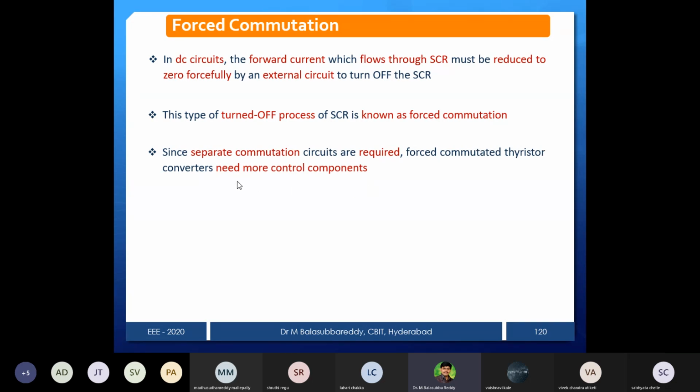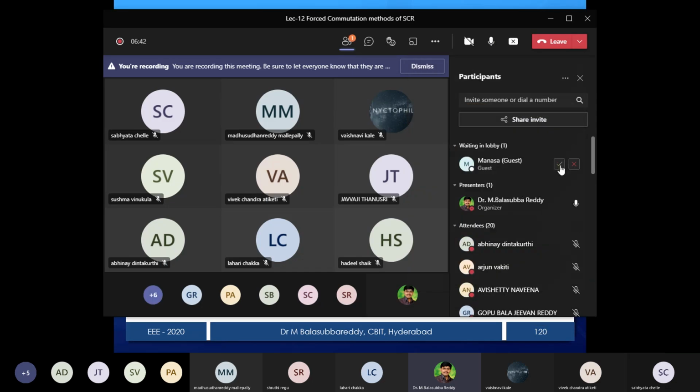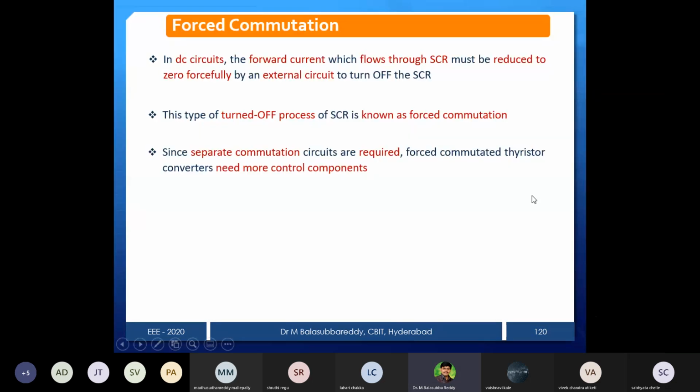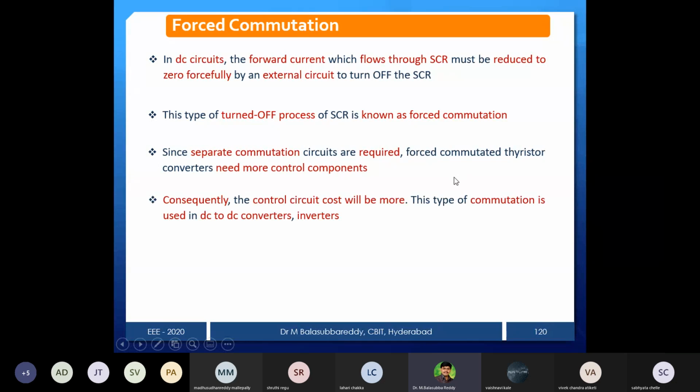Forced commutation thyristors need more control components, namely the commutating elements L and C. Consequently, control circuit cost will be more, because the additional commutating elements like L and C are an additional cost.